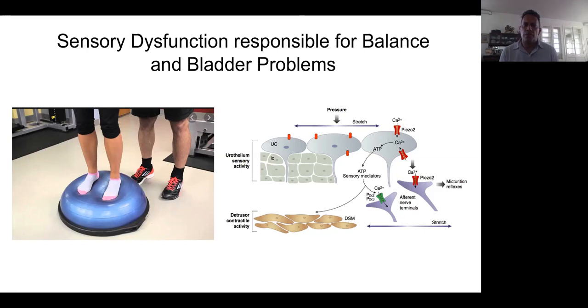We've learned that a lot of the signals that your bladder gets are signals of overactivation, and often the pressure and the stretch lead to certain channels called piezo2 channels to send signals into the peripheral nerves and up into the dorsal root ganglion. And that information is sent too readily, leading often to the sense of urgency and overactivation.